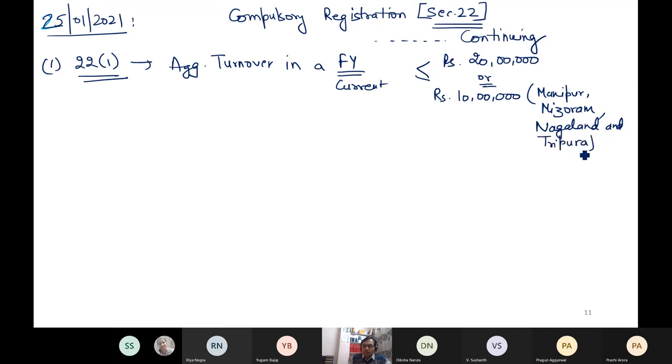In these 4 states, the limit is 10 lakh. In other states, the limit is 20 lakh for the purpose of registration. The moment your aggregate turnover exceeds this limit, you have to take registration. This is what section 22 says.